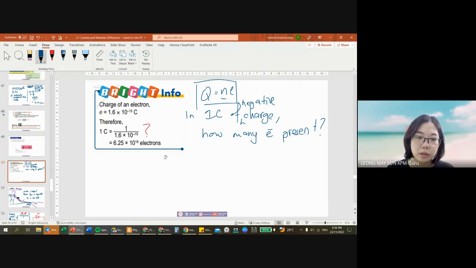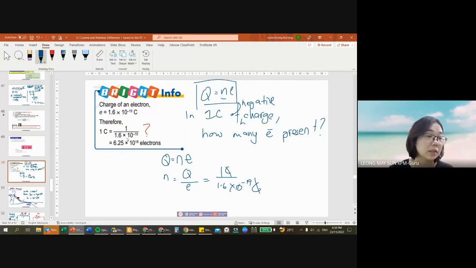So Q is one coulomb. We want to find the number of electrons, where the charge of an electron is 1.6 times 10 to the power of negative 19 C. So N equals Q over E, Q is 1 C, and the electron charge is 1.6 times 10 to the power of negative 19 C. The C cancels off, and this is what they write over here.